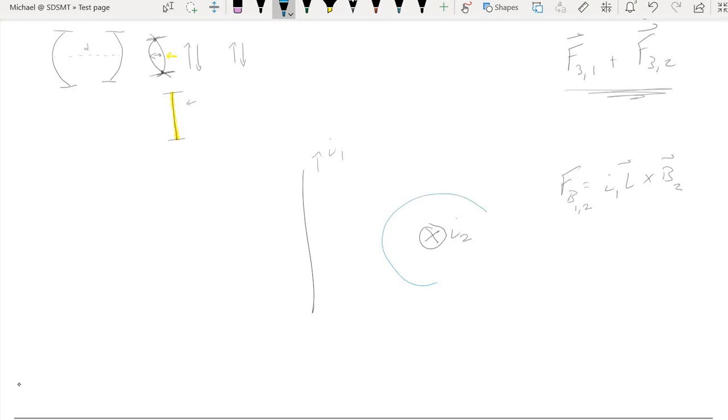And so we're going to see a magnetic field orbiting around wire 2 in a clockwise fashion. But I need that field to extend a little bit further so that it can actually hit wire 1. And when that field hits wire 1, the orientation of that field is up.